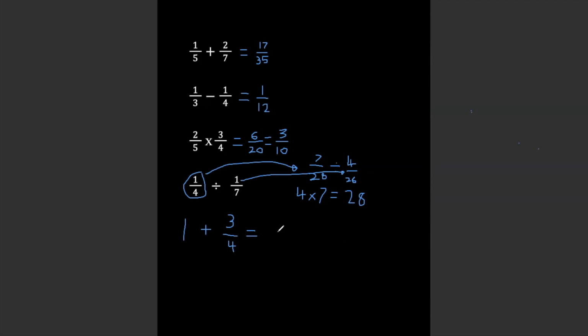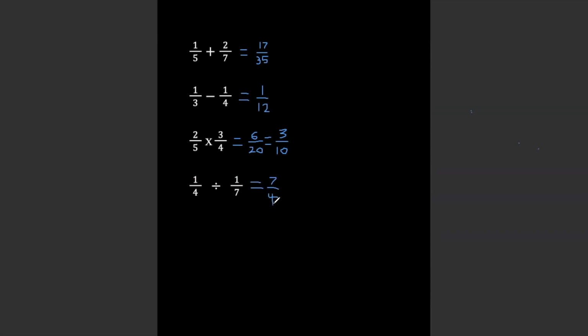Now with this, the 1 is actually just 4 divided by 4. And the reason is we are trying to get the same denominator here. We're just going to put 4/4 plus 3/4, which is equal to 7/4. Now 1 and 3/4 is equal to 7/4.